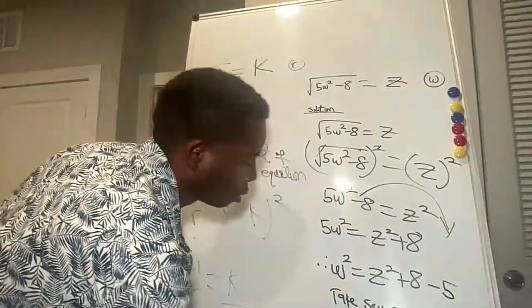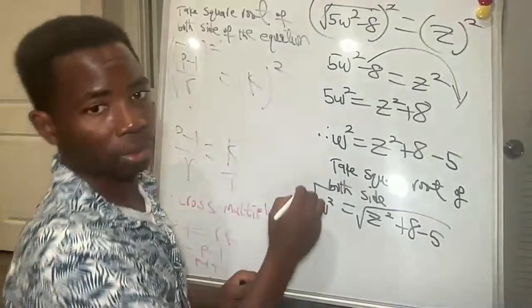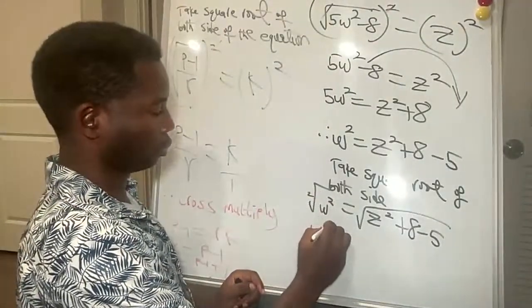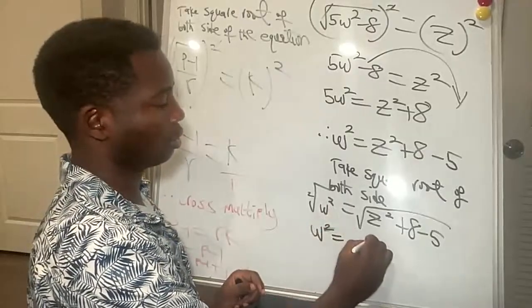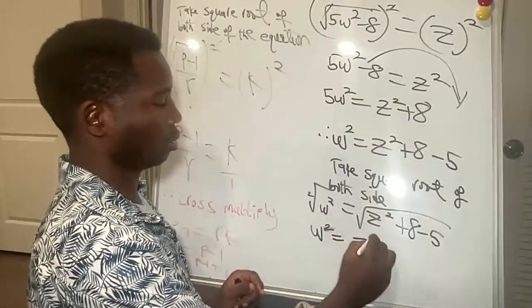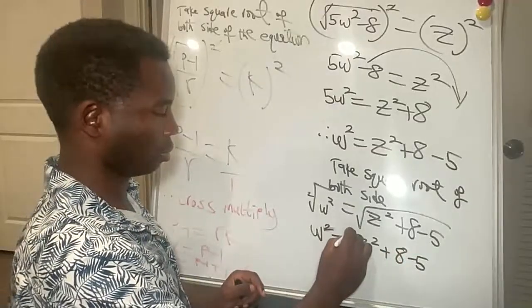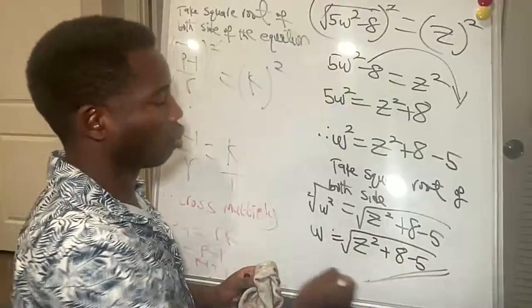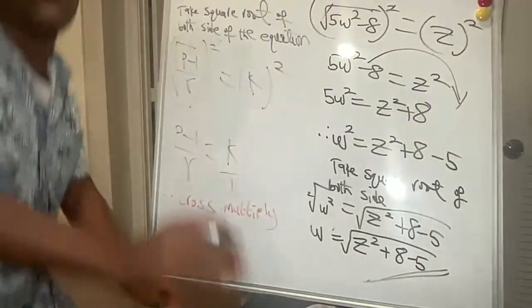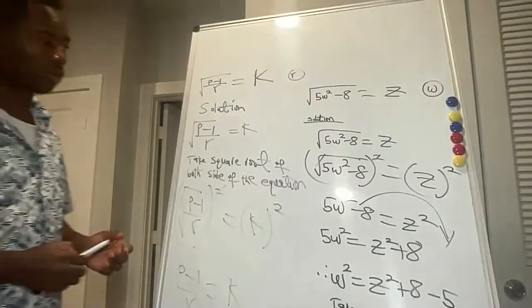W squared is equal to Z squared plus 8 over 5. The 2 cancels the 2, we have W is equal to the square root of Z squared plus 8 over 5. Now W is the subject of the equation.